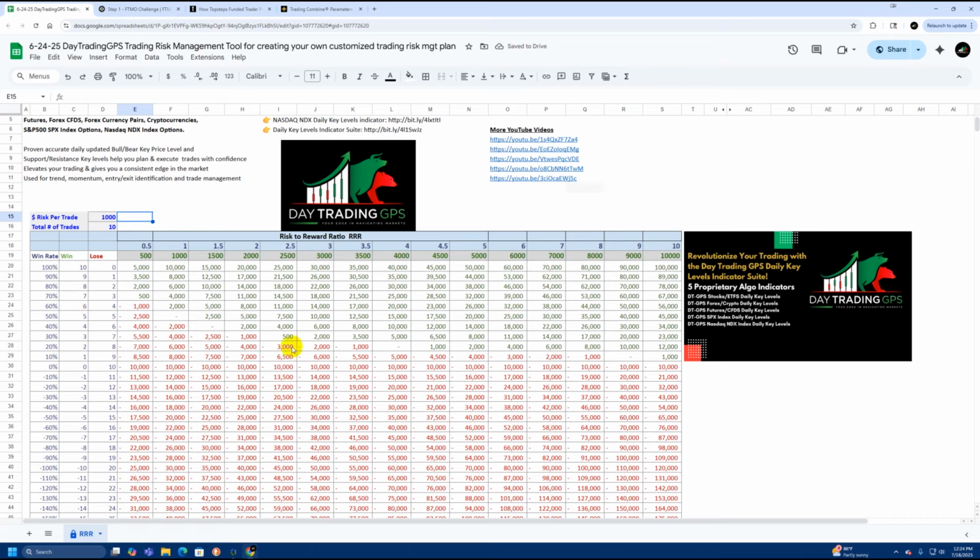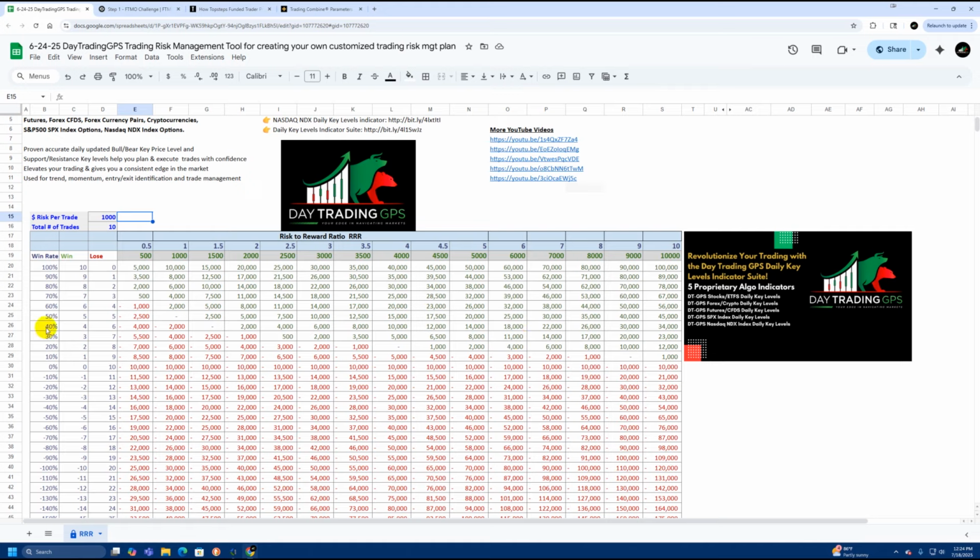Okay. As you can see here, with a 30% win-loss ratio, you would need to have a 6-to-1 risk to reward ratio to get to $11,000 over 10 trades to pass the trading challenge.